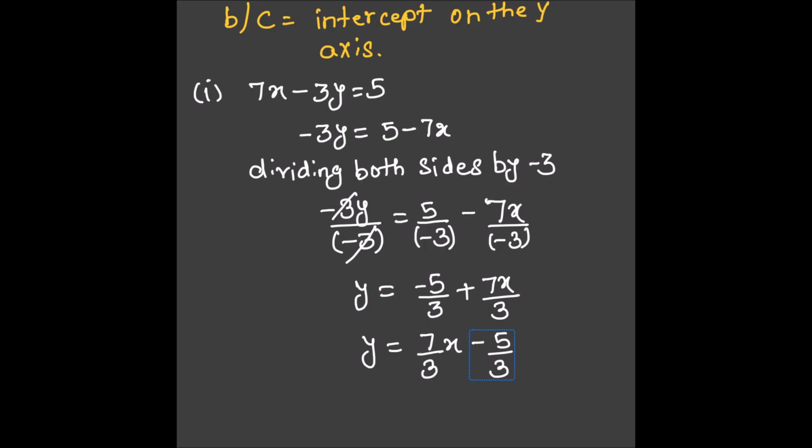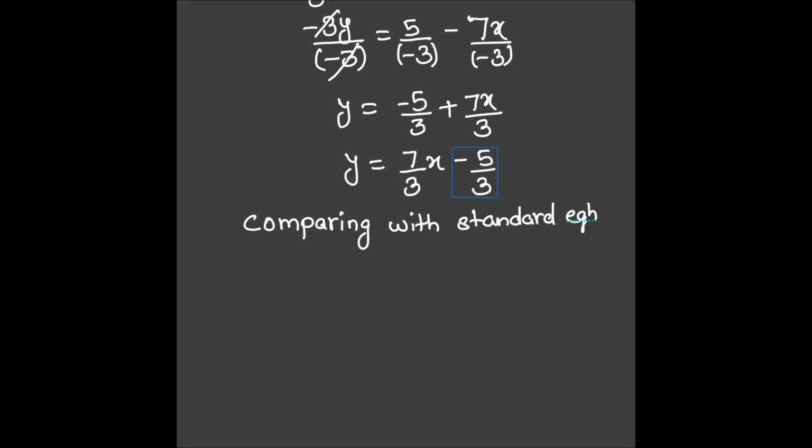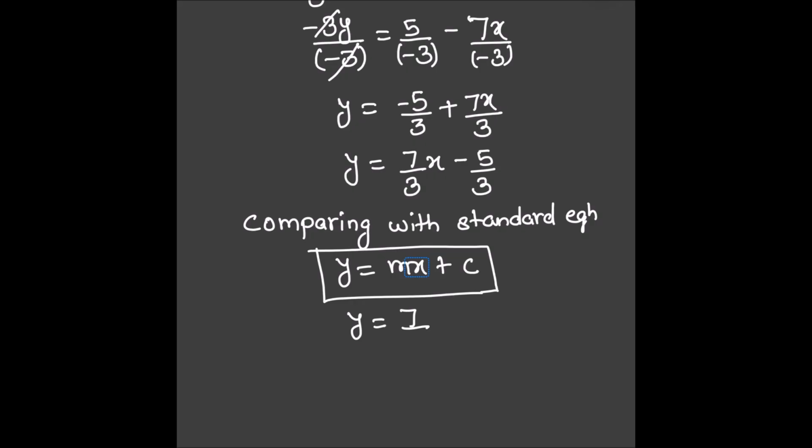Now we'll compare it with the standard equation, which is y equals mx plus c. And we have y equals 7 upon 3x plus negative 5 by 3.